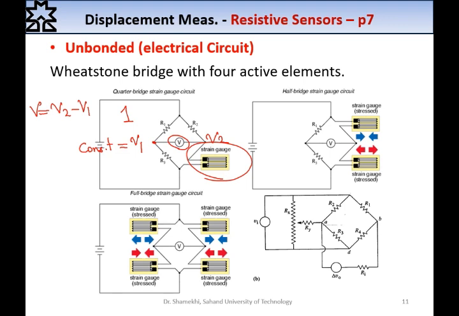For example, we apply a displacement on the strain gauge, and V2 increases because the strain gauge resistance increases, and therefore the output voltage V2 will be increased too.